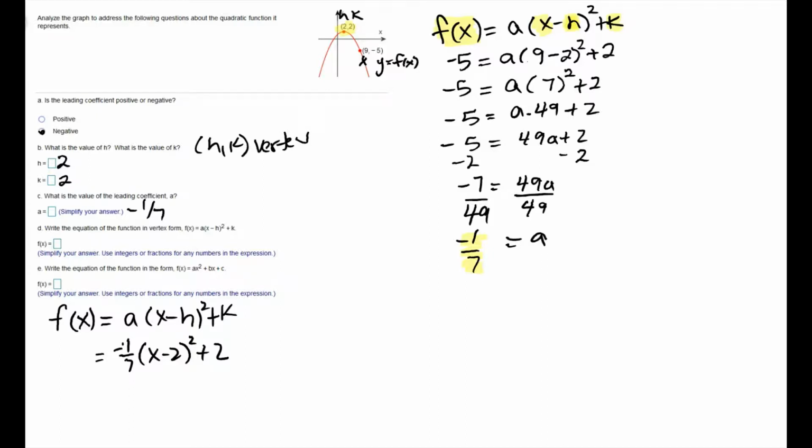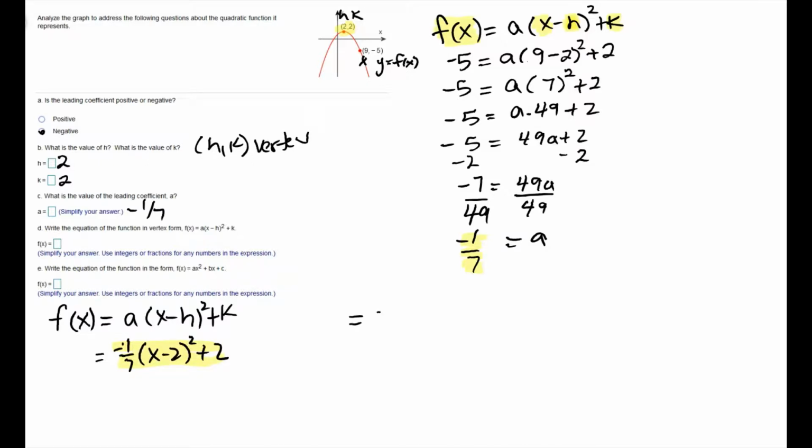The next part says write the equation of the function in the form f of x equals ax squared plus bx plus c. That's general form. And to write it in general form, we need to take the vertex form that we just worked out, and just multiply everything out.